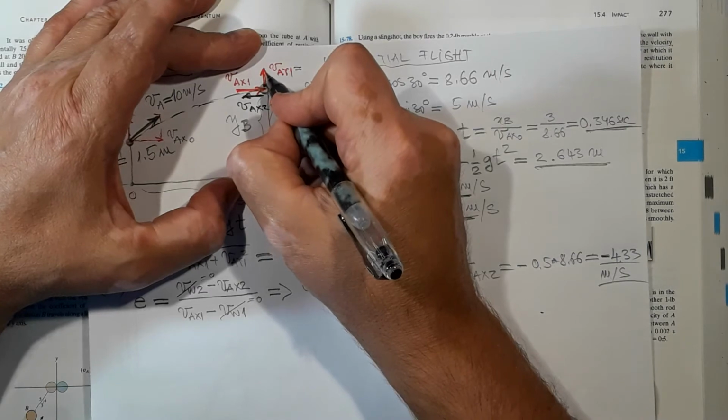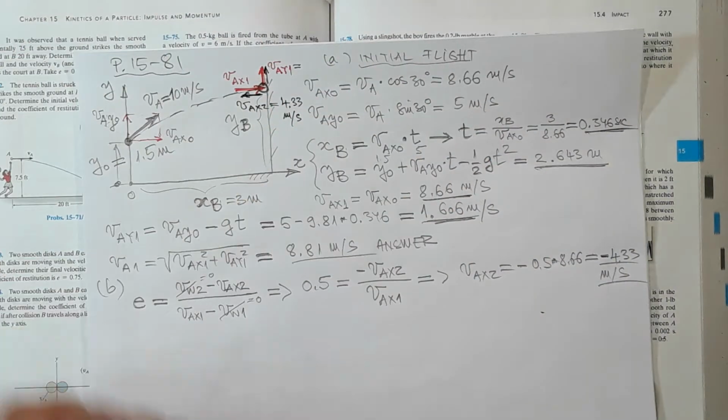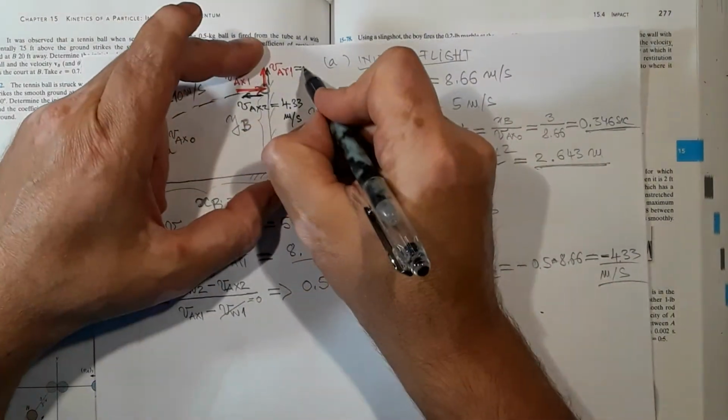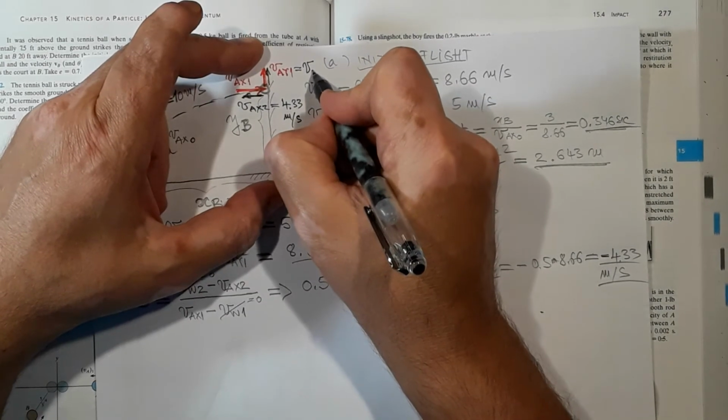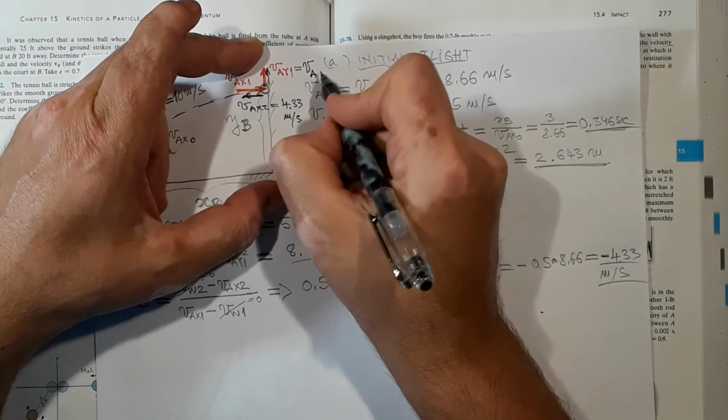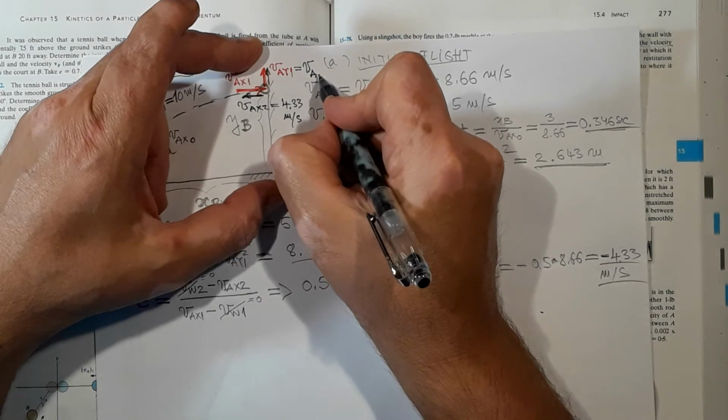The velocity of the ball after impact in the y direction is the same as before. Assume there's no friction, so velocity is conserved.